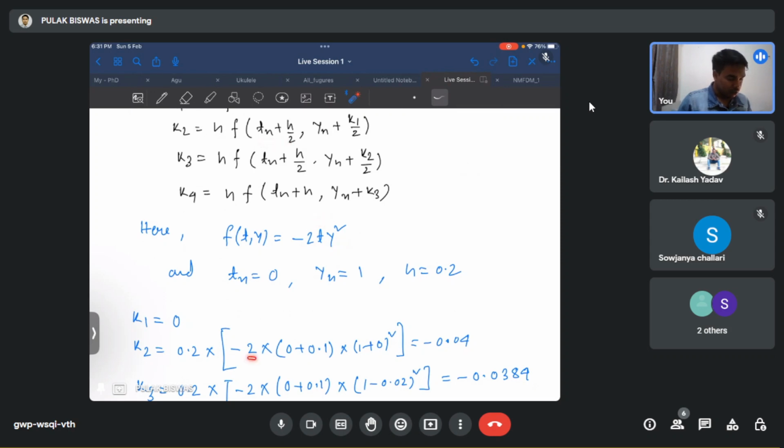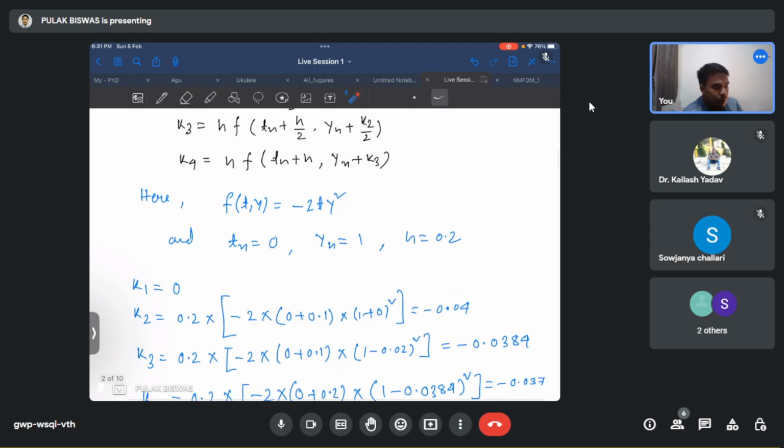So minus 2 t, instead of t it will be t plus h by 2, h is 0.2. And this is y, that is yn plus k1 by 2. K1 is 0. So if you calculate this expression, you get the value of k2.